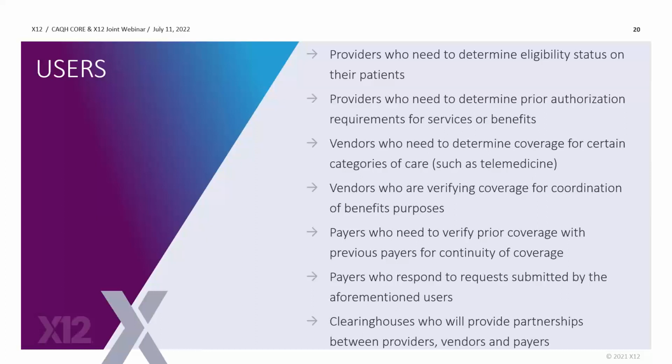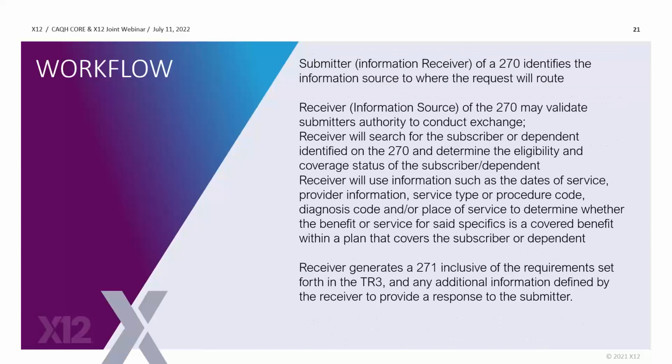Clearinghouses who are kind of playing the in-between role, where they might be massaging the structure, they might be taking it from portals, they might be taking it from practice management software, and because they're a one-stop shop, they're able to connect to multiple payers with only one designated point of reference from the multiple providers. So they kind of play the tollway in a way, and they're the gatekeeper of a lot of that provider to payer exchange. Next slide, please.